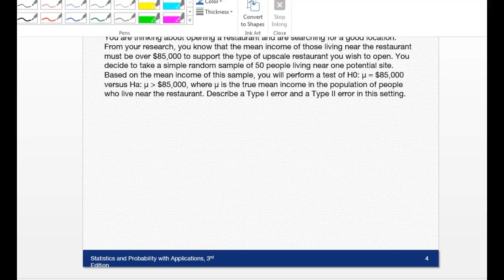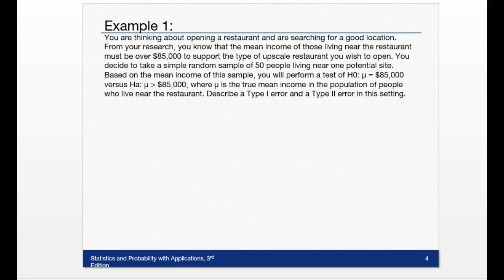So when you're going to do this, what you need to really focus on is what is your null and what is your alternative, because you're going to put those in words. Okay, so for a type 1, remember that means I reject the null. So that means I found convincing evidence of the alternative.